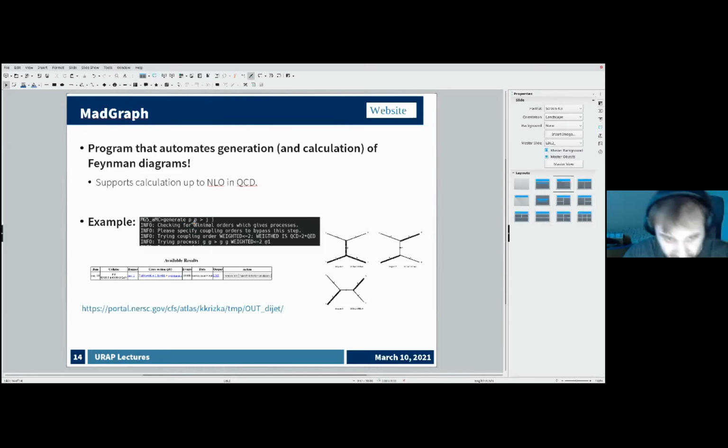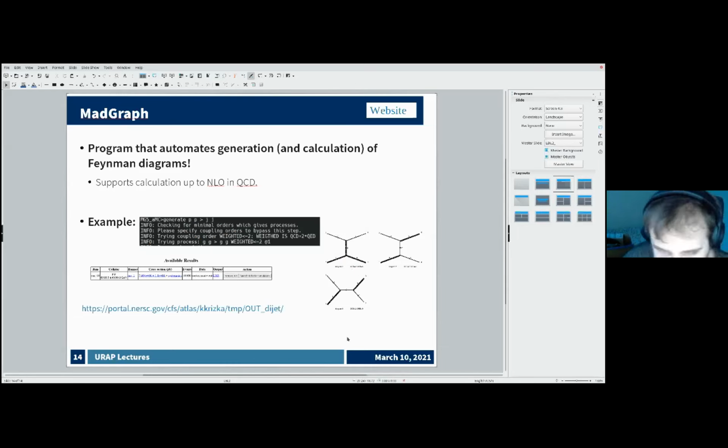By proton, I mean just do all possible combinations of quarks, antiquarks, and gluons that you find within the proton, and get me all the diagrams that result in two jets. Here, a jet is defined as either a quark or a gluon. And then it does its magic.